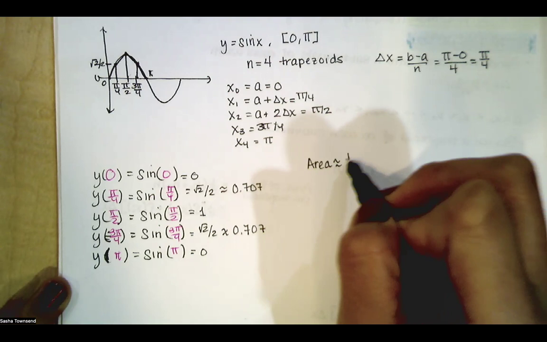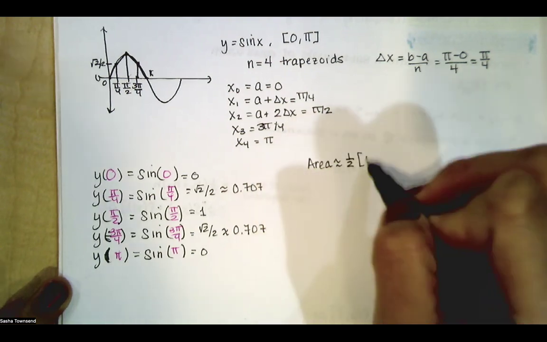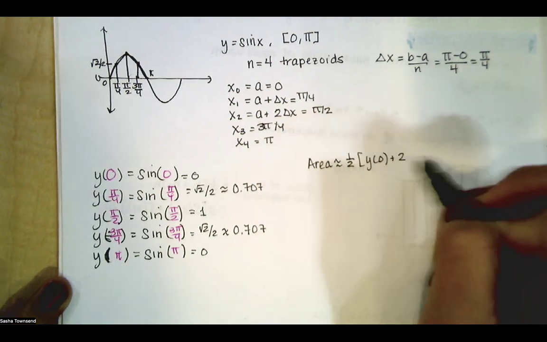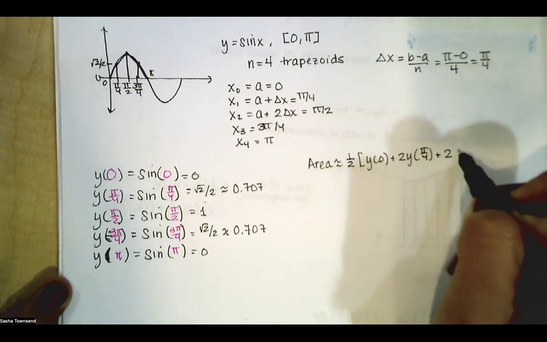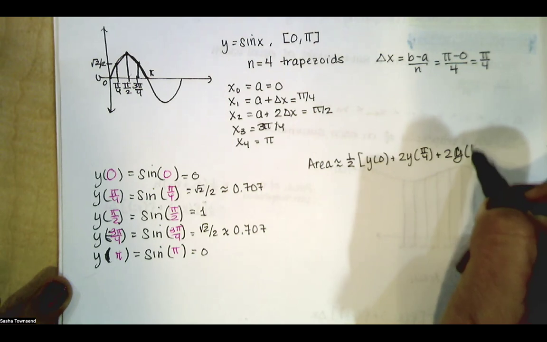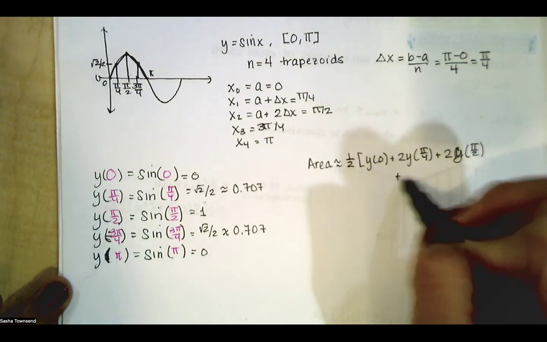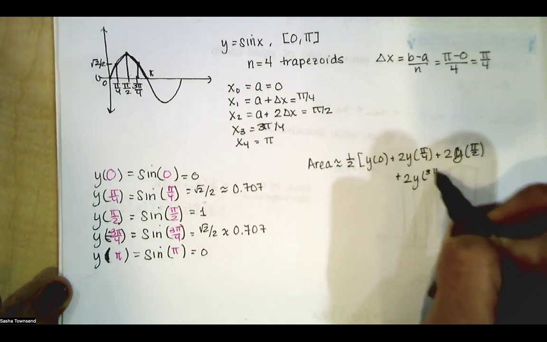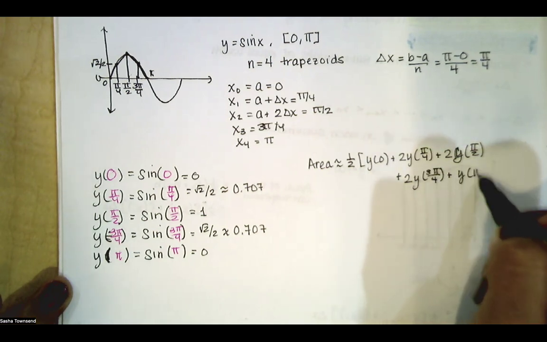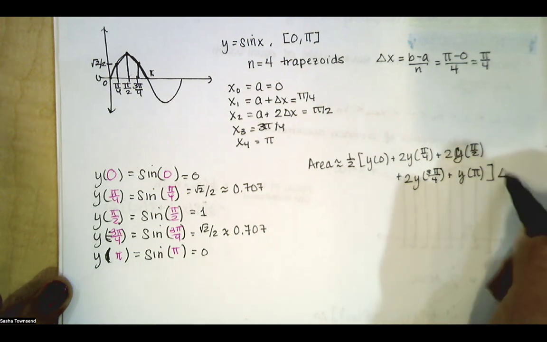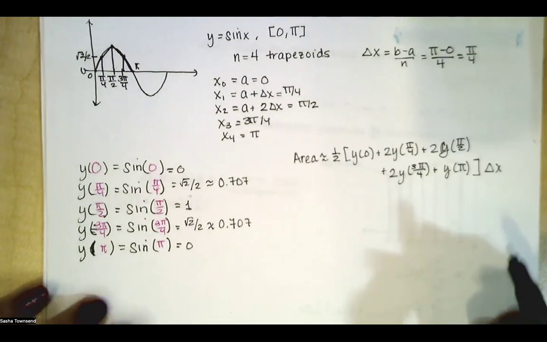Using the trapezoidal rule, we'll have 1/2 of y at 0 plus twice y at pi over 4 plus twice y at pi over 2 plus twice y at 3 pi over 4 plus y at pi. All of that times delta x, where delta x is pi over 4.